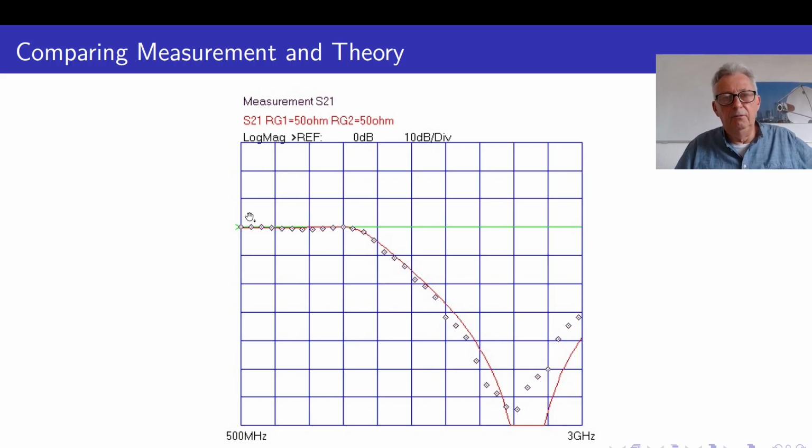Here the red curve describes the simulated results, and the dots are given by our measurement, and one sees a good agreement of simulation and measurement up to round about here 2.5 gigahertz, and here we have a certain deviation. This is maybe due to the fact that we did not incorporate, for example, T-junctions and so on.